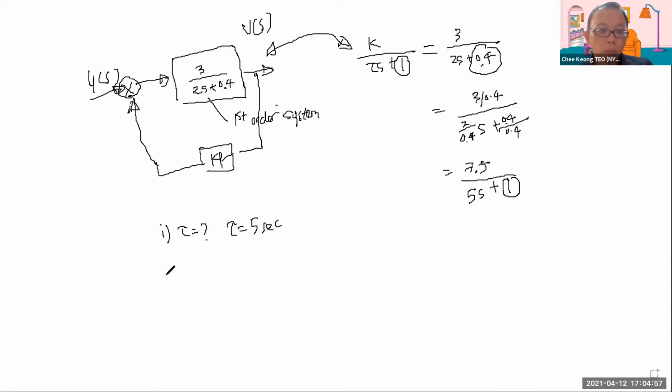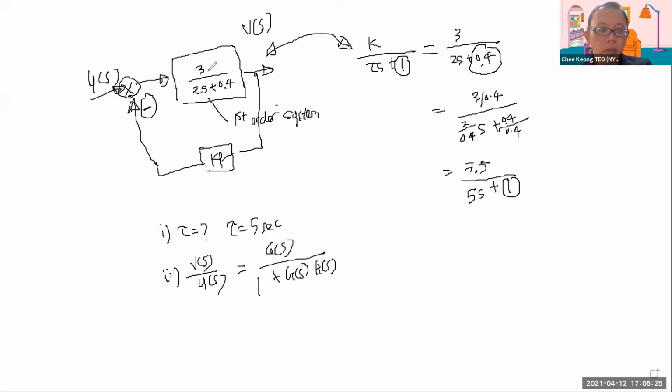V of S over U of S is pretty straightforward. Remember, this is a negative feedback, and we use rule 7. Rule 7 states that this must equal G of S over 1, since this is negative, then this side must be positive, multiplied by G of S, H of S.